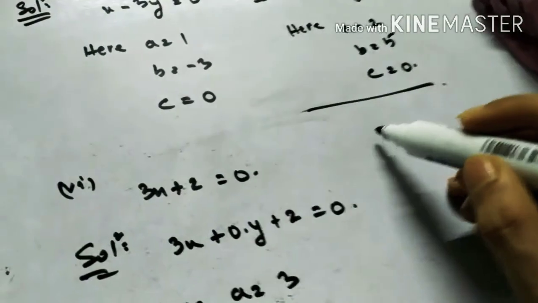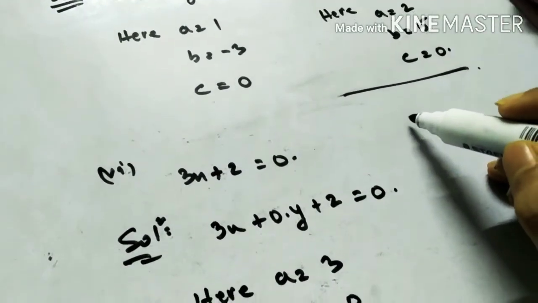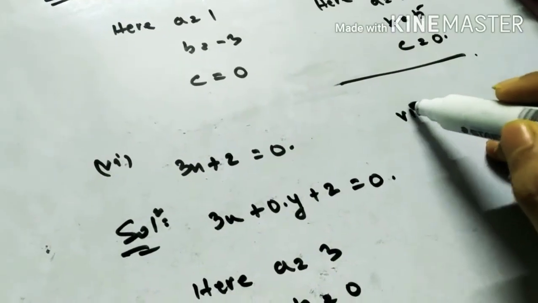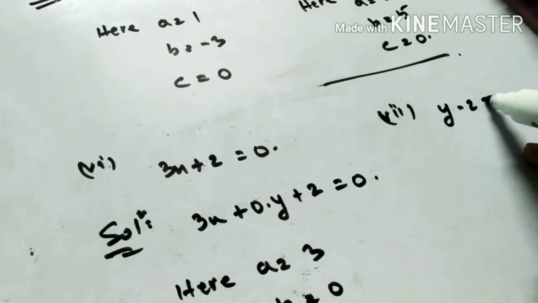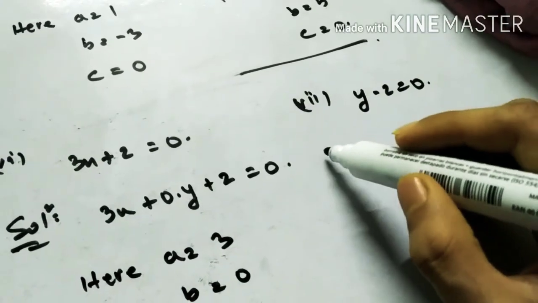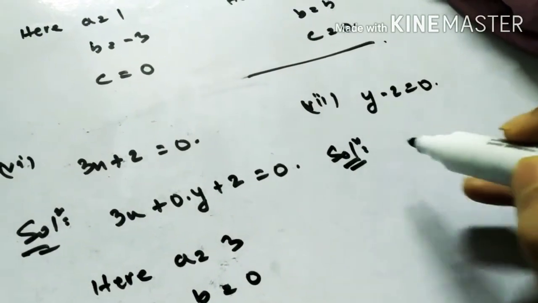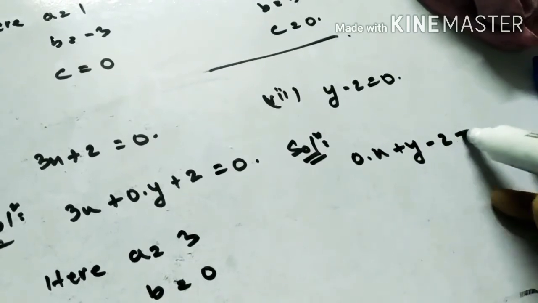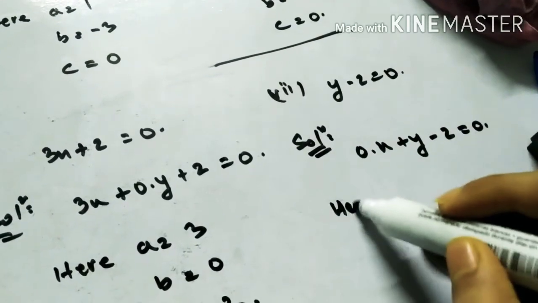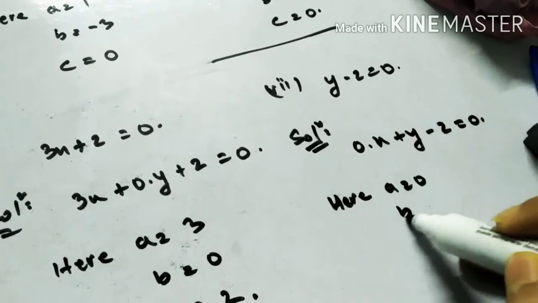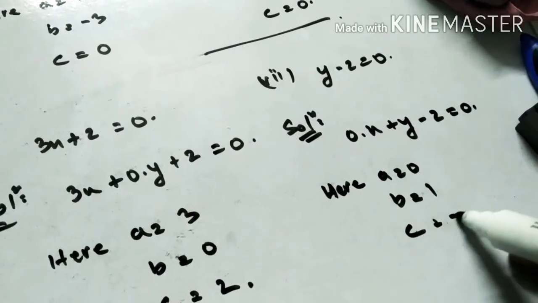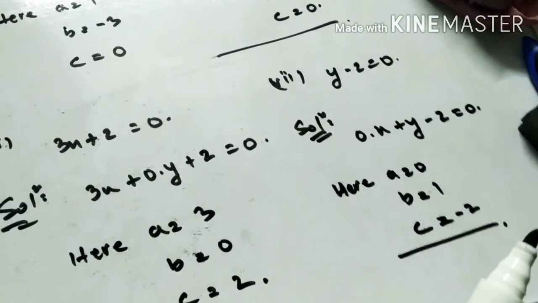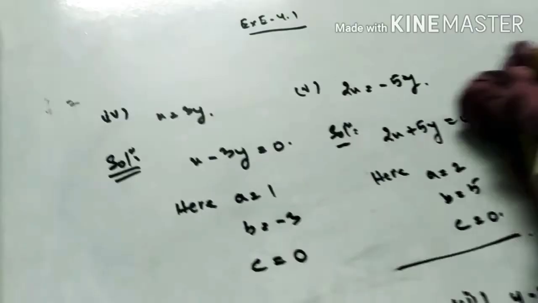Next, number 7, given y minus 2 is equal to 0. You can write it in the form of 0 dot x plus y minus 2 is equal to 0. So here a is equal to 0, b is equal to 1, c is equal to minus 2. Understand?